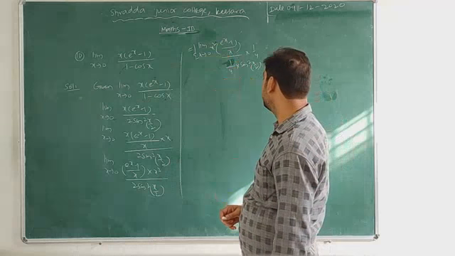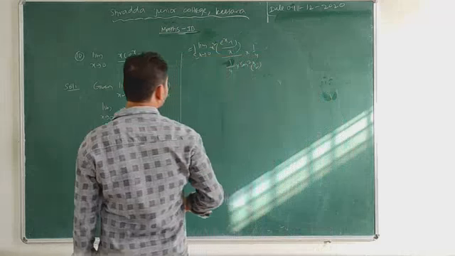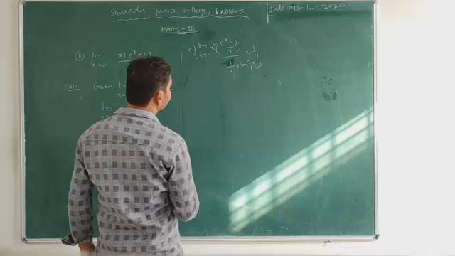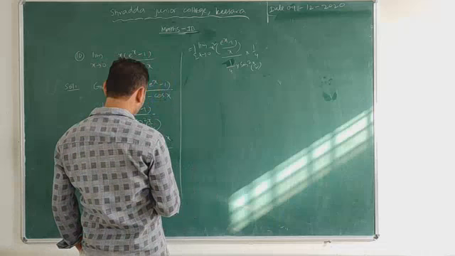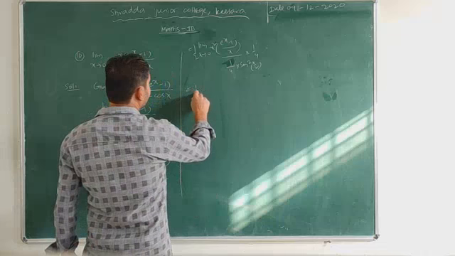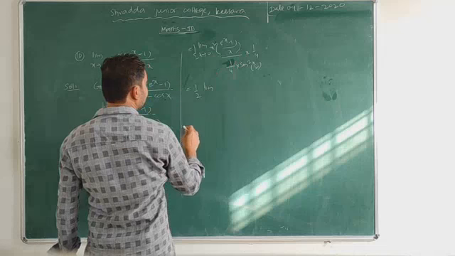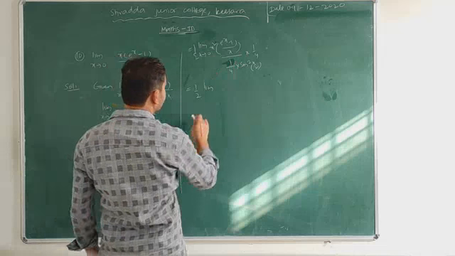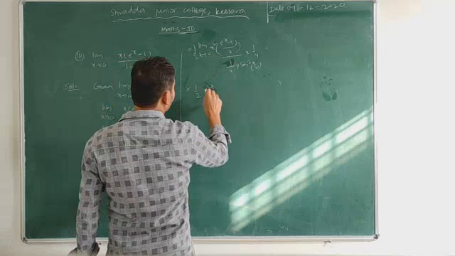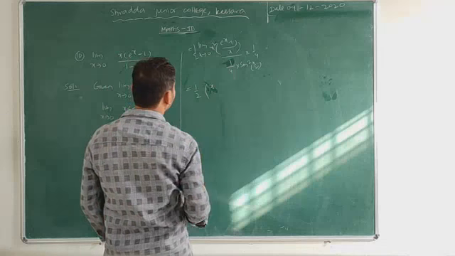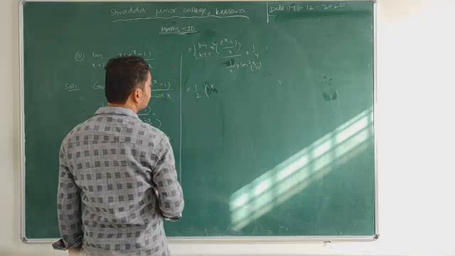Now here, so now this is 1 by 2 into limit e power x minus 1 by x, which is nothing but 1. Then what? x square, limit x tends to 0 here.